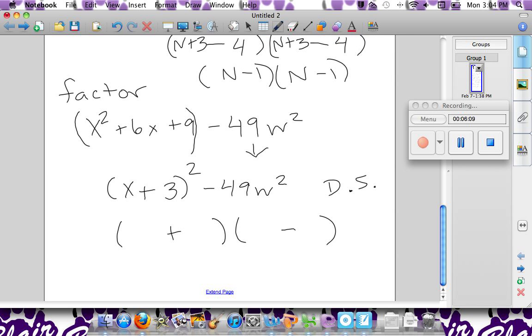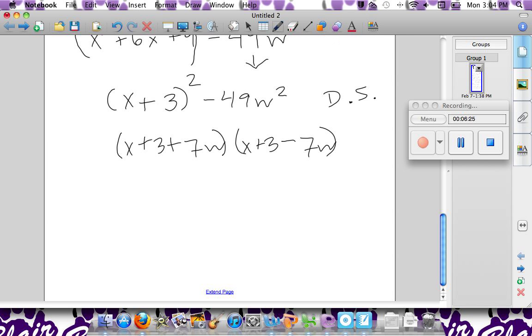So the square root of (x plus 3) squared is x plus 3. And the square root of 49w squared is 7w and 7w. And that is my factoring with grouping, perfect square trinomial into a difference of squares.